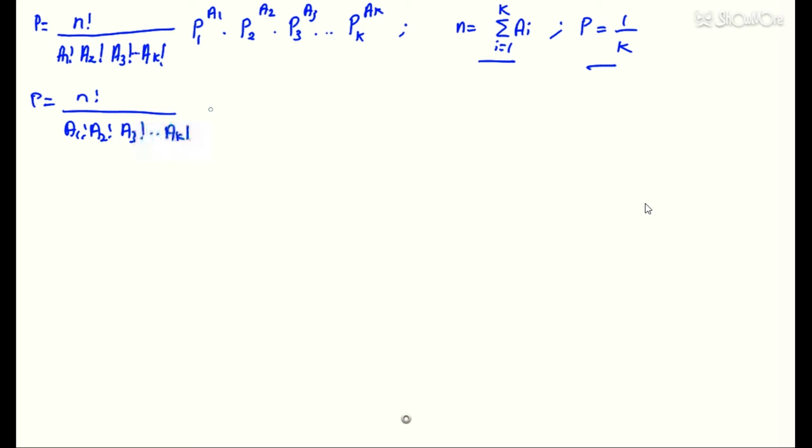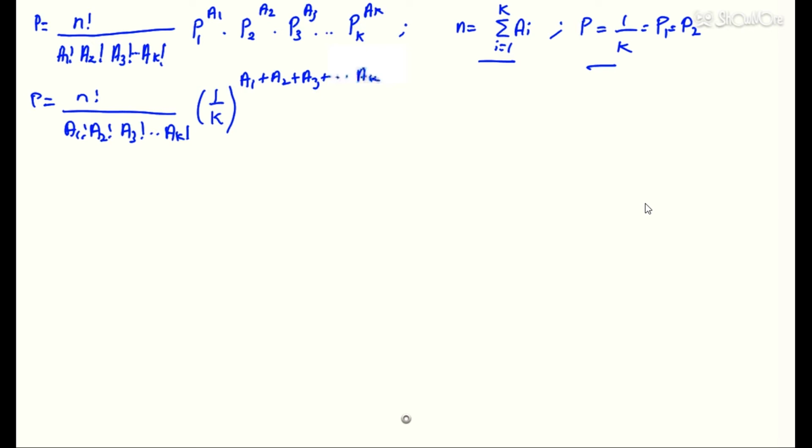So p1 is equal to 1 over k, and p2 is equal to 1 over k, so we can simply say this is equal to 1 over k to the power of a1 plus a2 plus a3 until we reach ak.